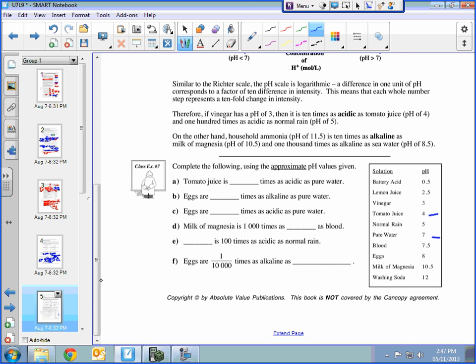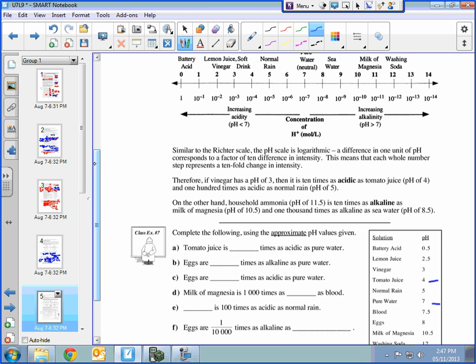So it's 3. If it's ever less than 7, it's more acidic. If it's ever greater than 7, it's more alkaline. So if I'm asking how much more acidic it is, you're going to have to do the opposite by subtracting. Does that make sense? If I'm asking alkaline, you'll have to go the same way.